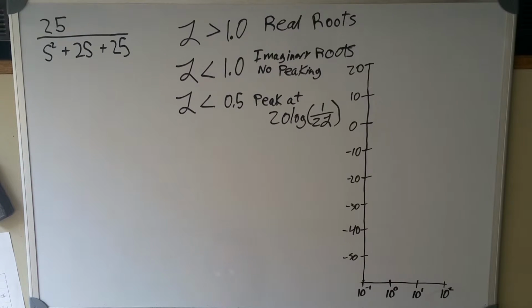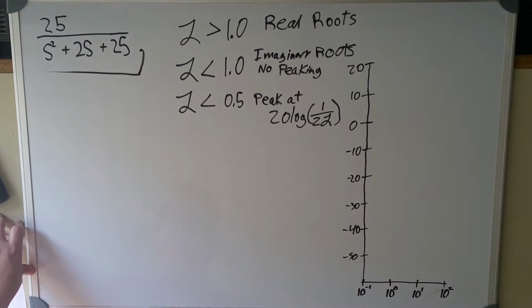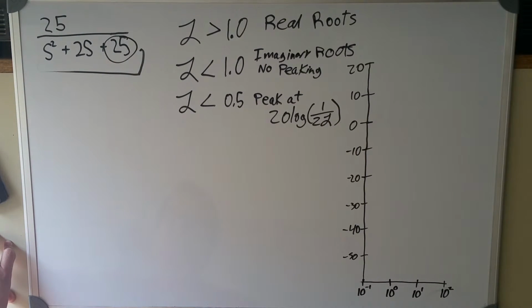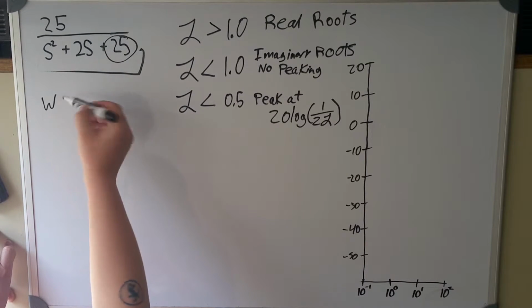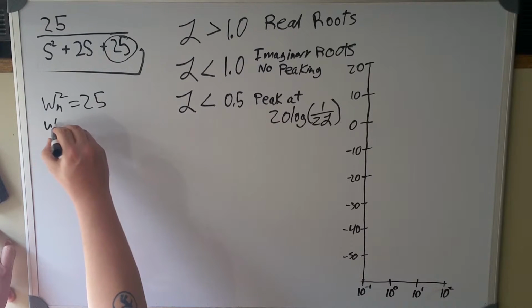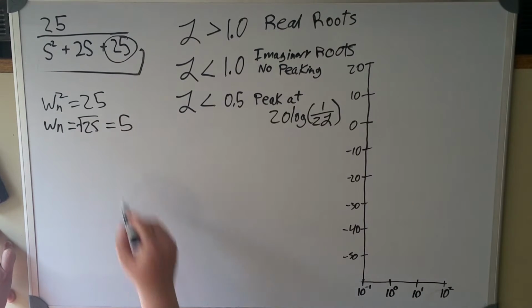So from here we have to approach this slightly differently, since the denominator here can't be factored nicely. It'll factor into imaginary roots. We have to use a different method where we can take the constant here, and that is Wn squared equals 25, which makes Wn equal to the square root of 25, equal to 5.